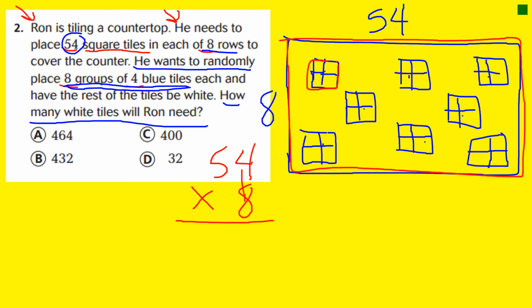I know 8 times 2 is 16. 16 plus 16, right, is 32. 8 times 5. Do your 5s. You know those, right? Plus 3. Don't forget that, of course. 8 times 5 is 40 plus 3. So there are a total of 432 tiles.